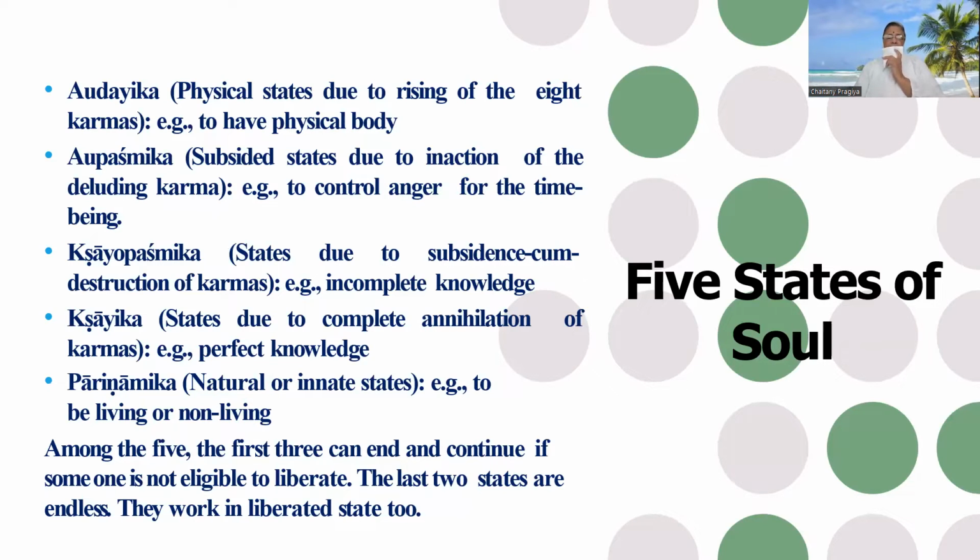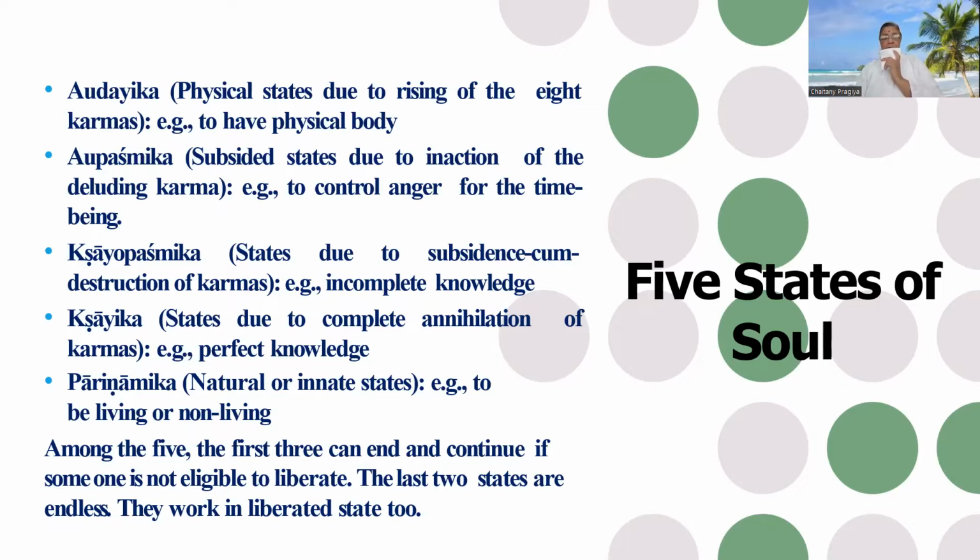Now it is said that, so far as living beings are concerned, how can we discuss charam and acharam in the case of living beings? First we have to understand that all living beings undergo five types of states, we can say the inner states of their consciousness. The first state is called Odaik.